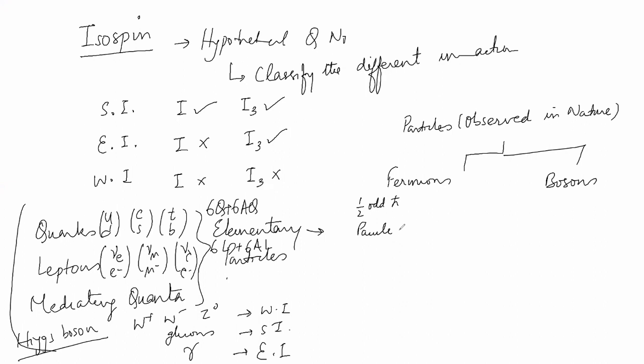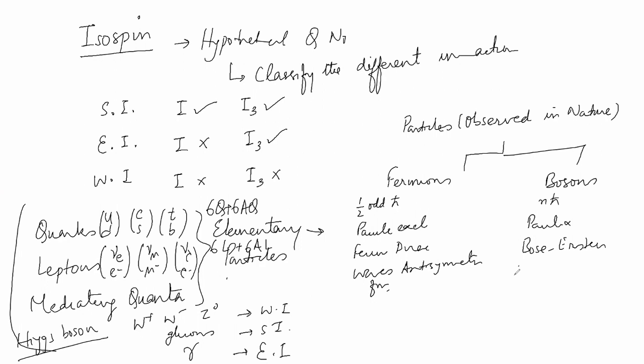They obey Pauli's exclusion principle, and that is why their wave functions are antisymmetric in nature. While bosons have integer spins, they don't obey Pauli's exclusion principle. They are described by Bose-Einstein statistics, and their wave functions are symmetric in nature.